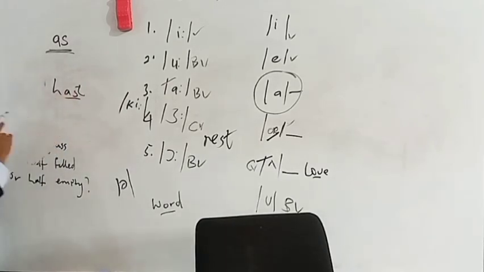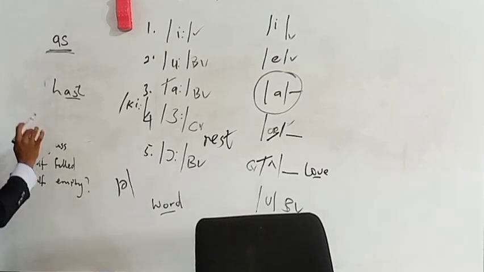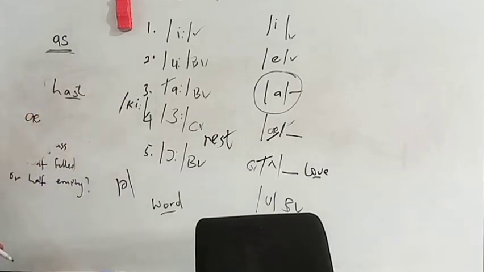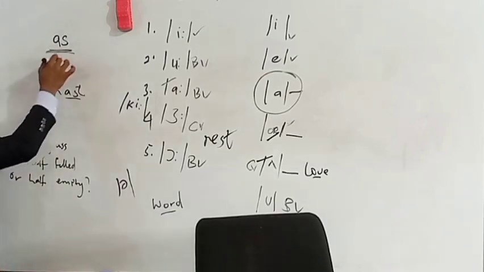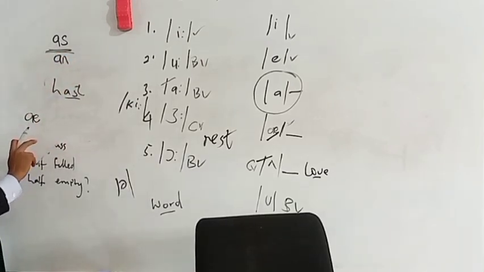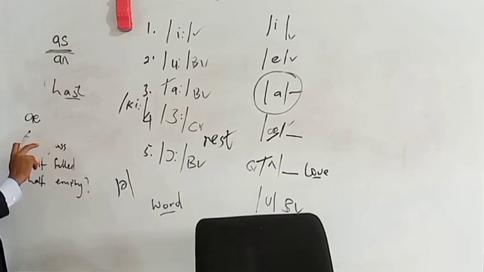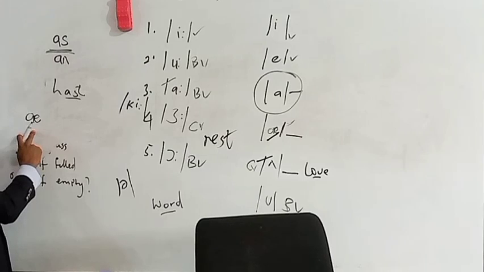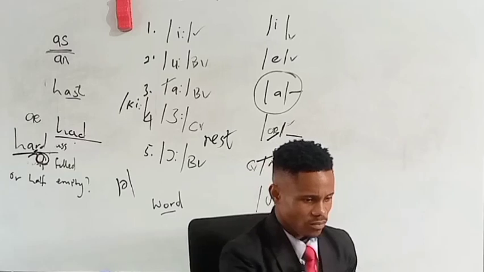Words that has this together, they are always in this family. Are you with me? Words that has this in the middle, they are always in this family as well. Take note of that.